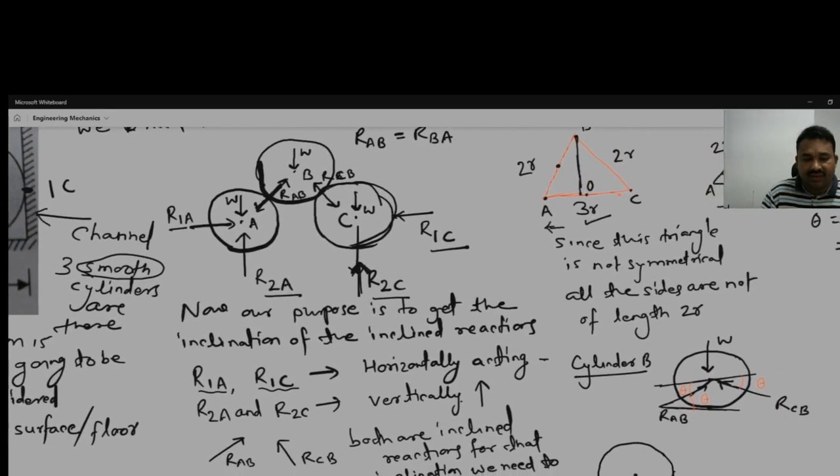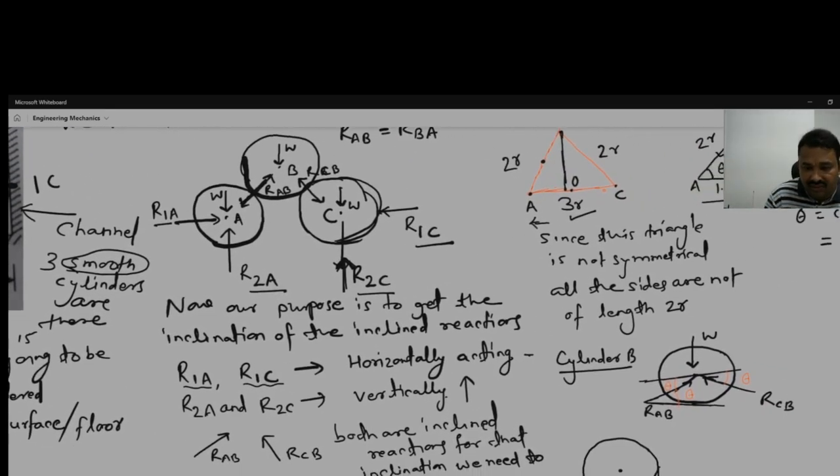You can see here. So there is cylinder A, and this one and this one.